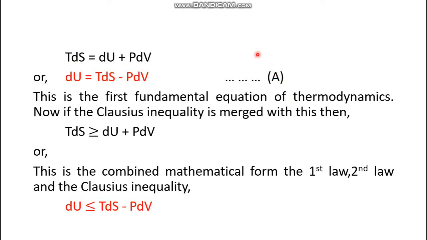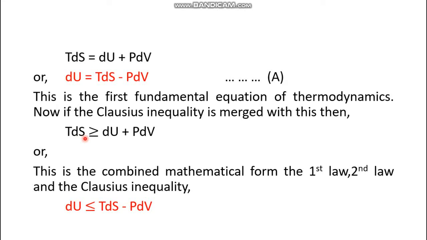Okay, and if this combined mathematical form of the first law and second law is combined with the Clausius inequality, that means this is actually applicable for reversible process, but for irreversible process there should be an inequality. So in that case, when the Clausius inequality is merged with this one, instead of dq we can write tds, and that dq is irreversible dq.